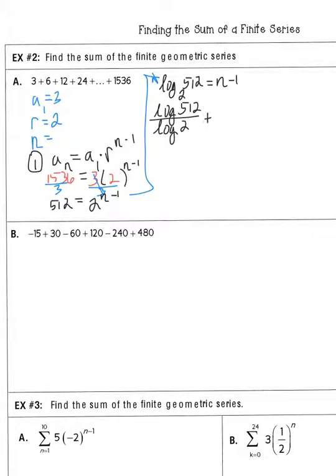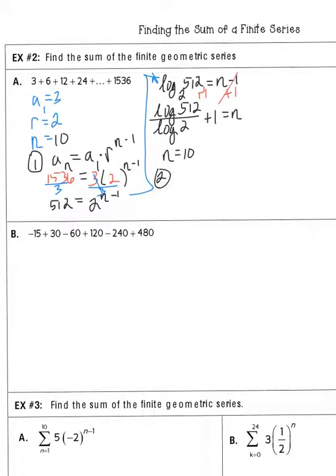And I want to add 1 in order to solve for n, because here, of course, I would add 1 to both sides. And so I am going to get 10. So n will end up equaling 10. Now I know that n is 10.